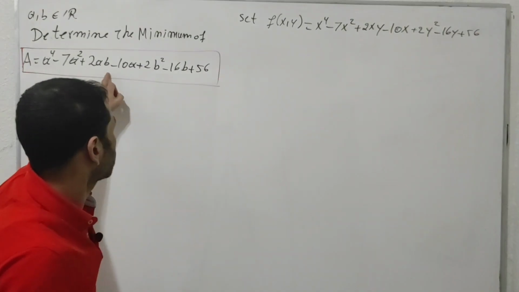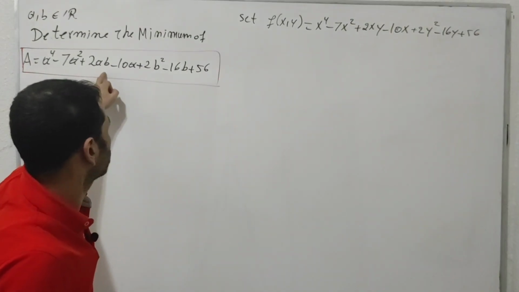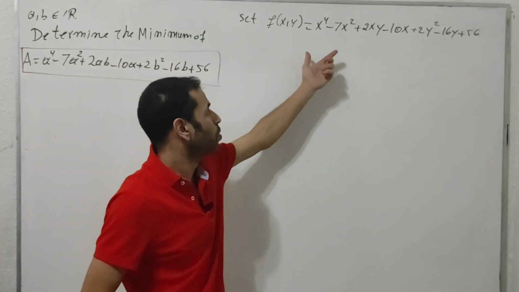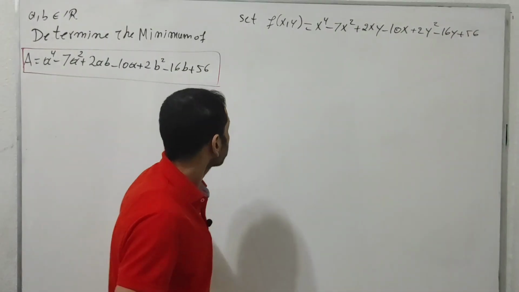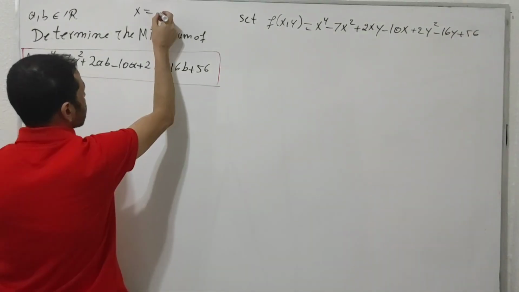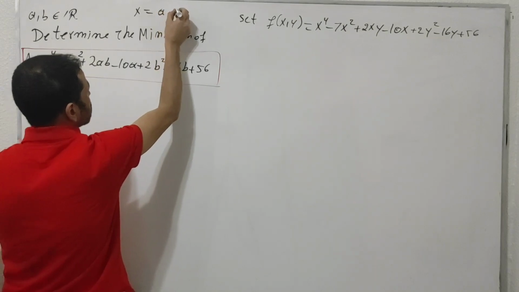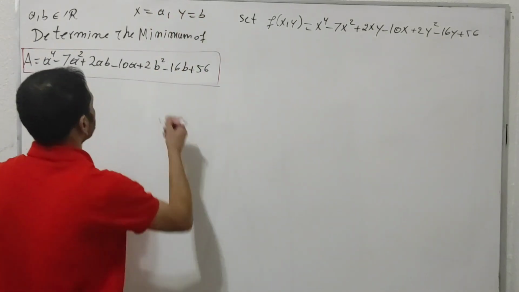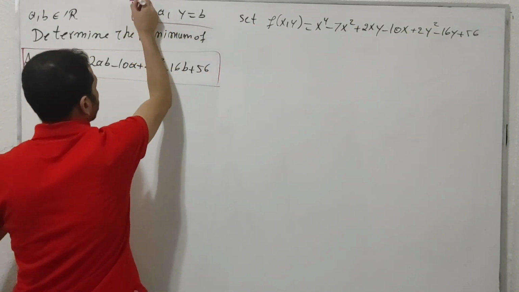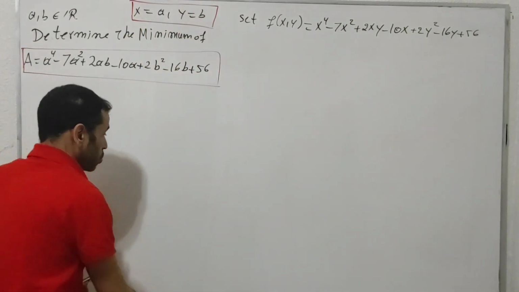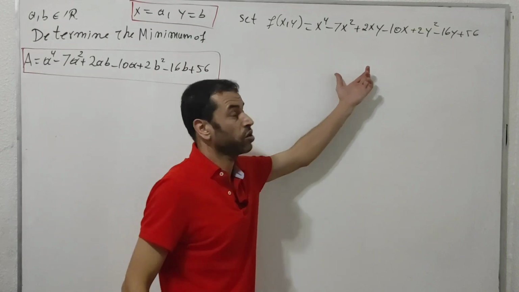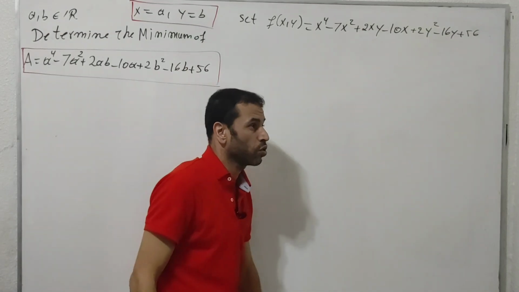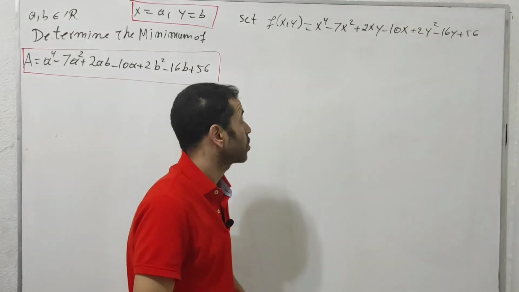What I have done here is transform this into a function with two variables x and y, by setting x equals a and y equals b. I'm going to keep this for later, and work on this function. Now I'm ready to calculate the critical points for this function.